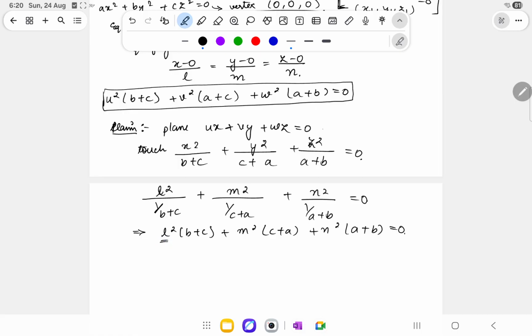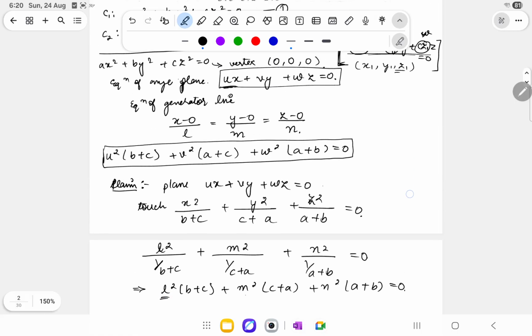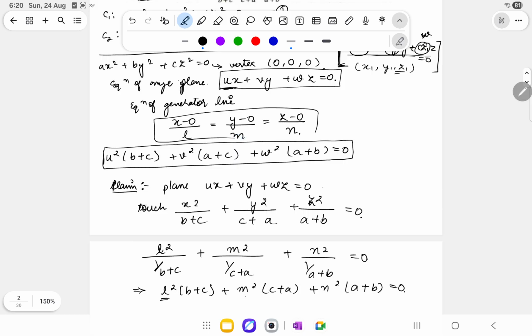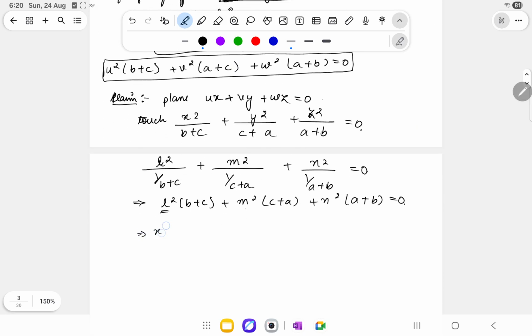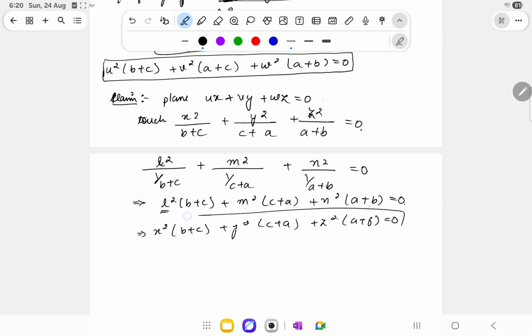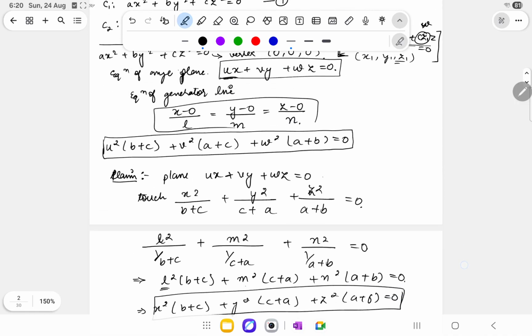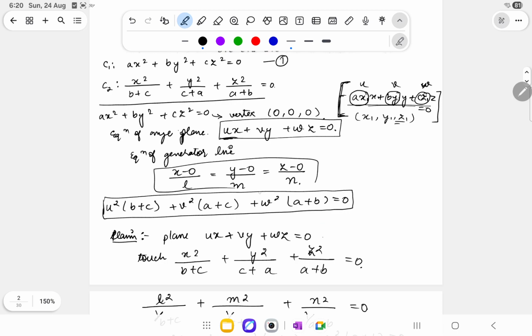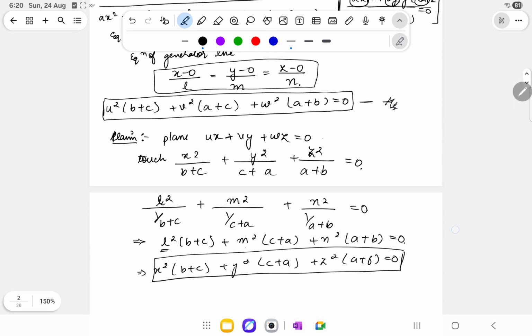I can eliminate l, m and n using the generator line condition. So I'll get x square into (b plus c) plus y square into (c plus a) plus z square into (a plus b) equals to 0, which is the same condition we got for perpendicular generators. Or you can find the reciprocal cone of this and you'll get this only.